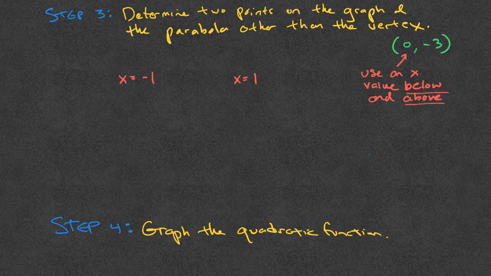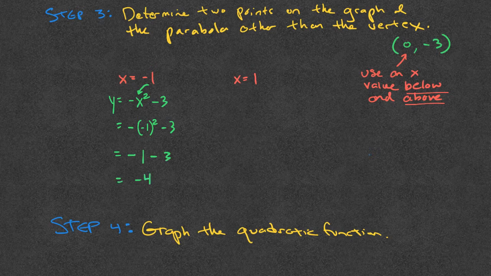Still using our same equation, which was y equals -x squared - 3, we're going to plug in -1 for x. So we've got a minus in front of (-1) squared minus 3. So (-1) squared is just 1, so we've got a minus in front of 1 minus 3, and that gives us -4.